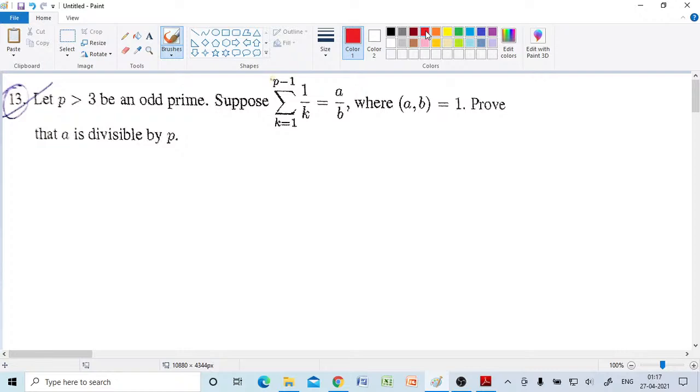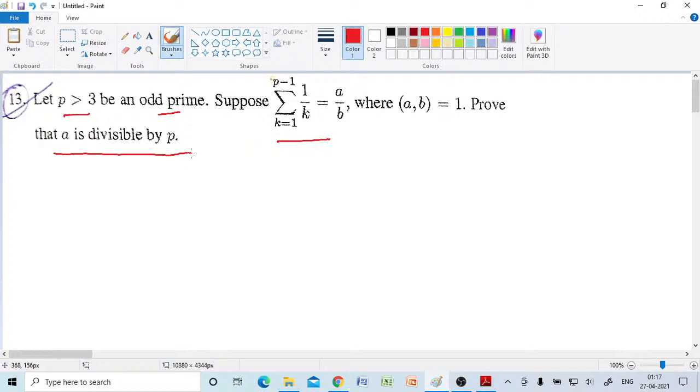We are given a prime p which is greater than 3. Obviously a prime greater than 3 is odd, and we are given this sum. If we add all the terms, then this summation becomes a by b, a rational form where a and b have no common divisors. We need to prove that a is divisible by p. If you want to give a try, then you can give it.